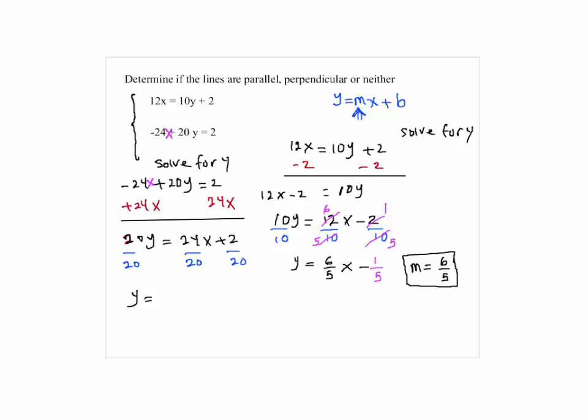24. Let's reduce that. Half of 24 would be 12, and half of 20 would be 10. Then do it again. That would be 6 and that would be 5. We can do it in one step.